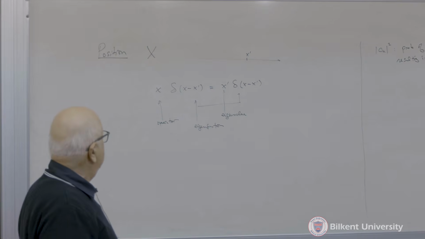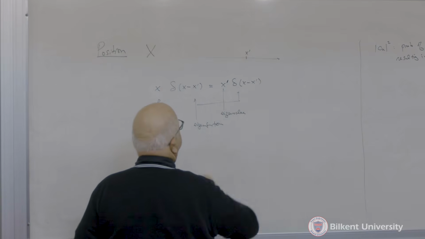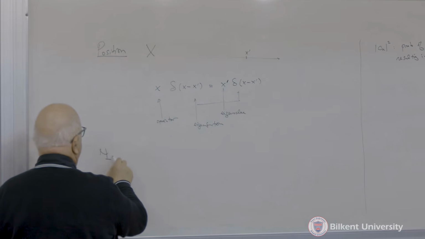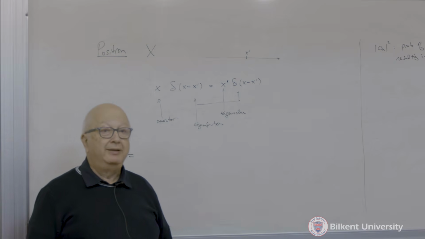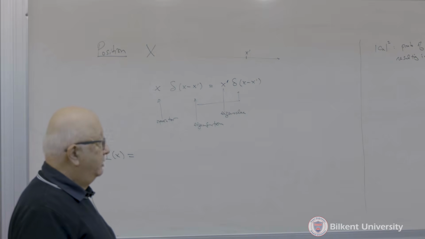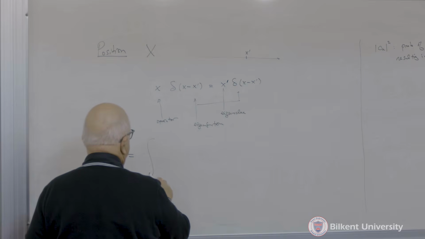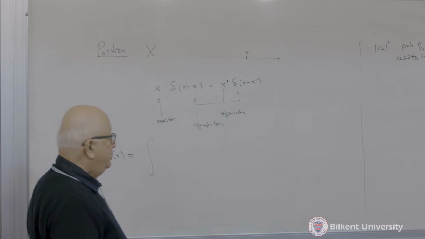Now, this corresponds to a certain particle at x prime. And here's my general psi of x. I want to expand it in terms of these eigenfunctions. How would I do it? Well, I will need some set of coefficients corresponding to each x prime.